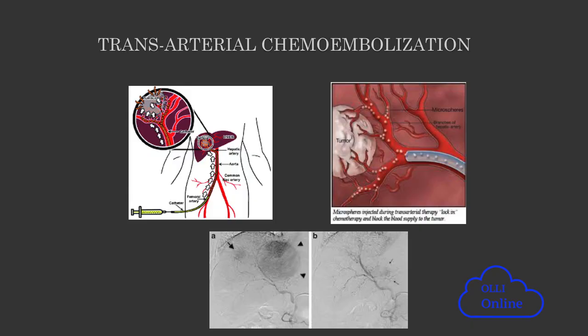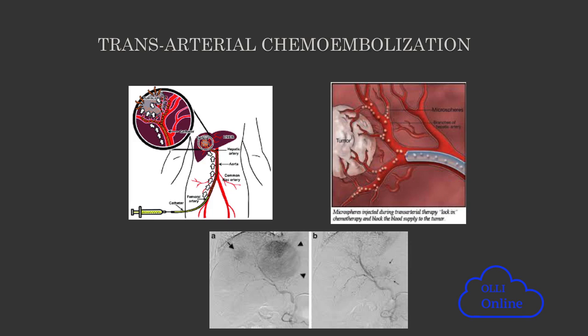This is the transarterial chemoembolization, which we're doing pretty often. This is where we enter the groin. You can see that this is a hepatocellular carcinoma where the tumor is very vascular and supplied by these blood vessels.